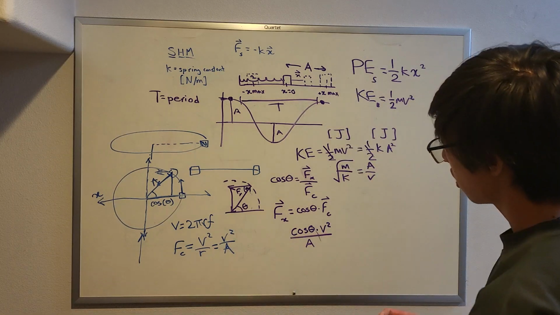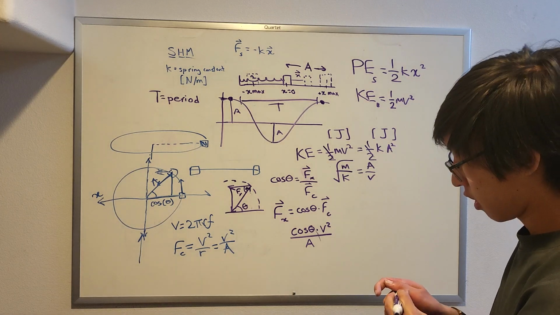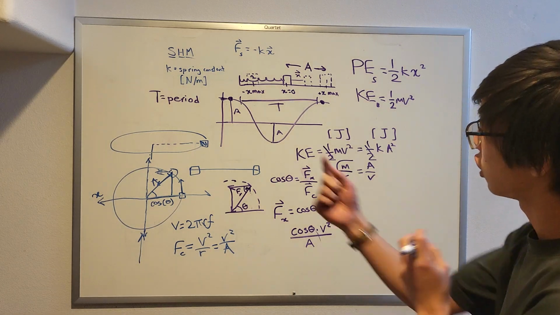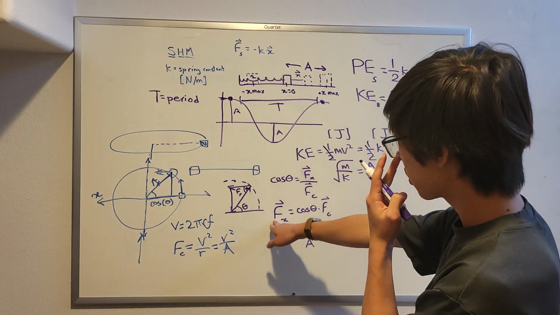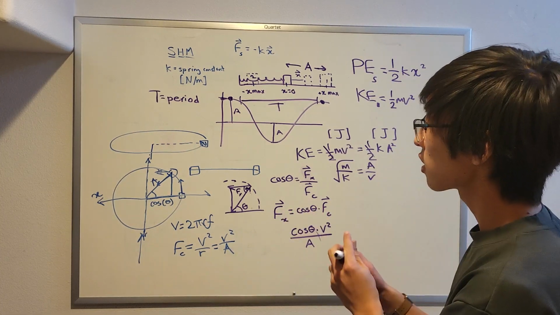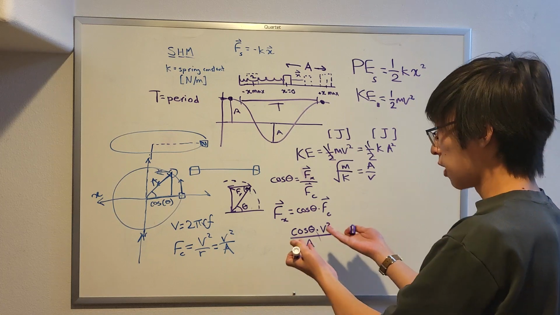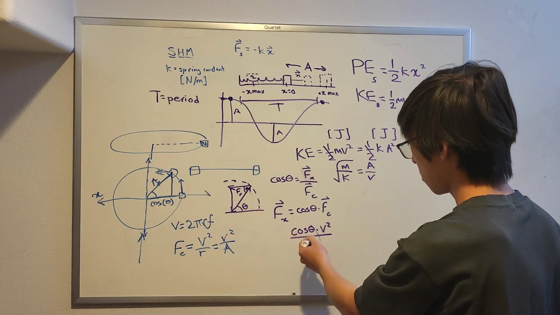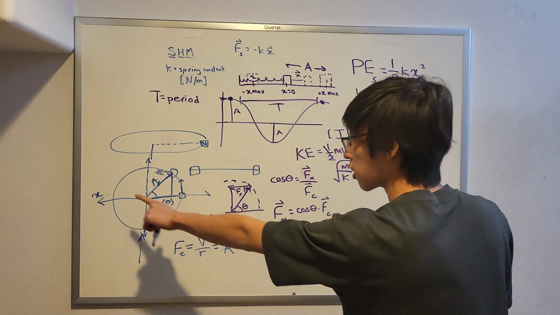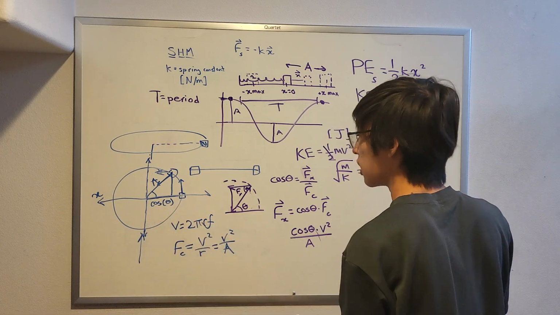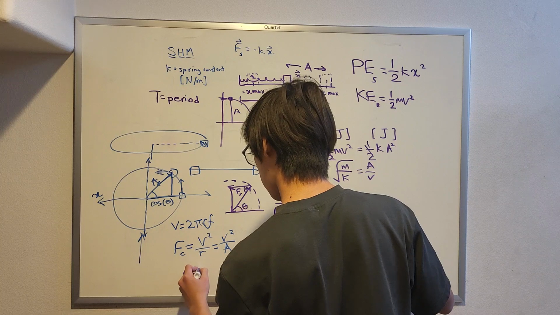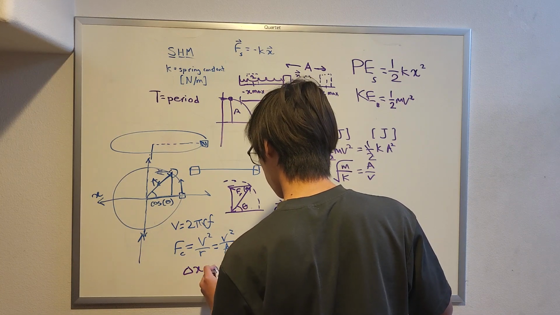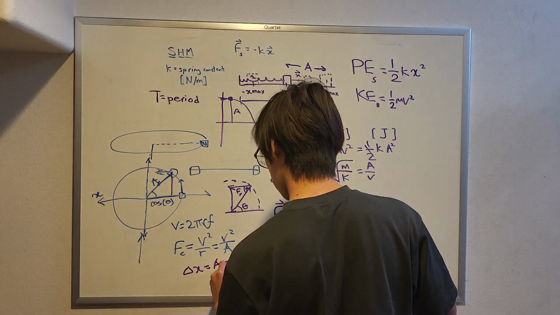And as you may notice, this does prove that in the x dimension, if you're looking just head on, a bobber exhibits simple harmonic motion because the restoring force, which is fx, is proportional to the displacement. The displacement is exactly cosine theta times a. So we know that displacement of x, change in x, is equal to a times cosine theta.